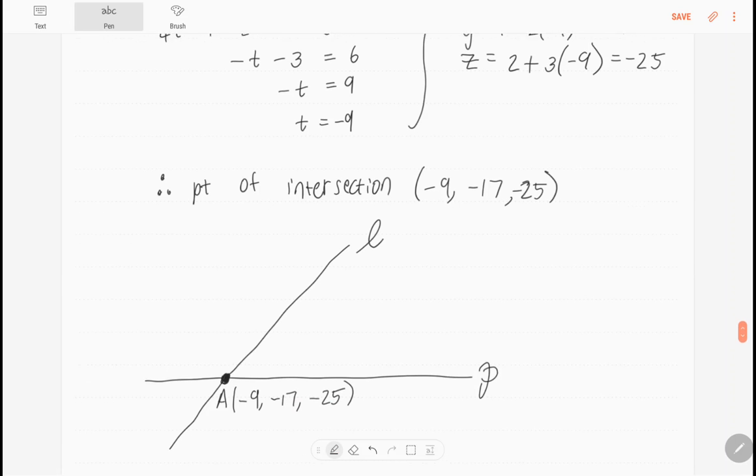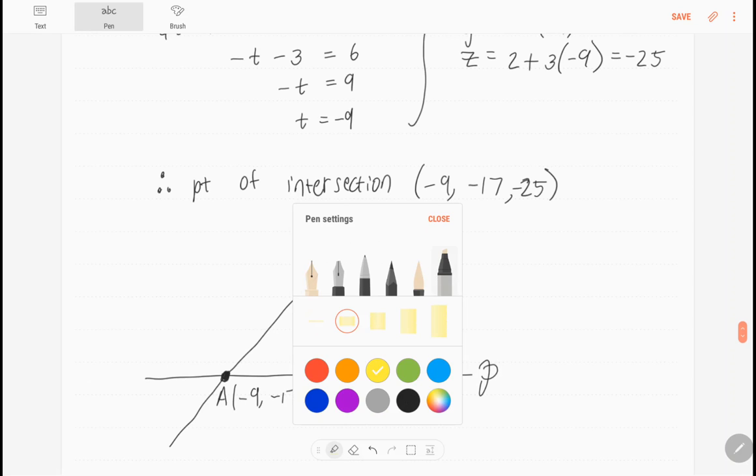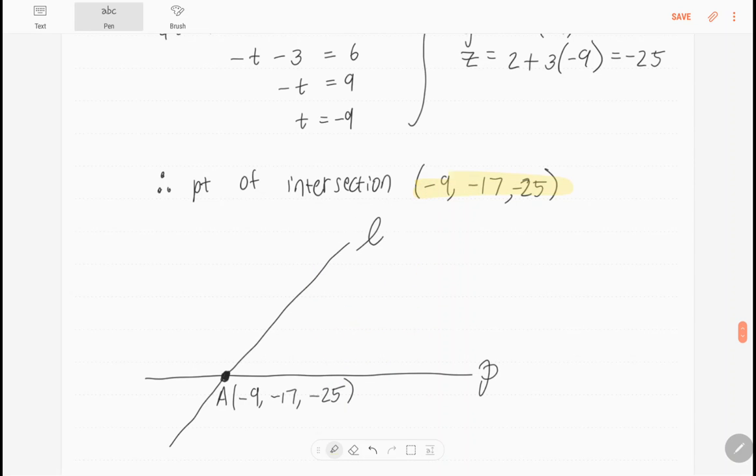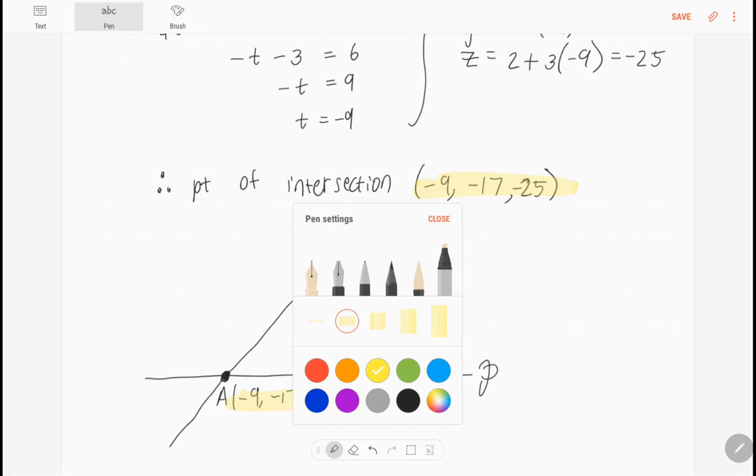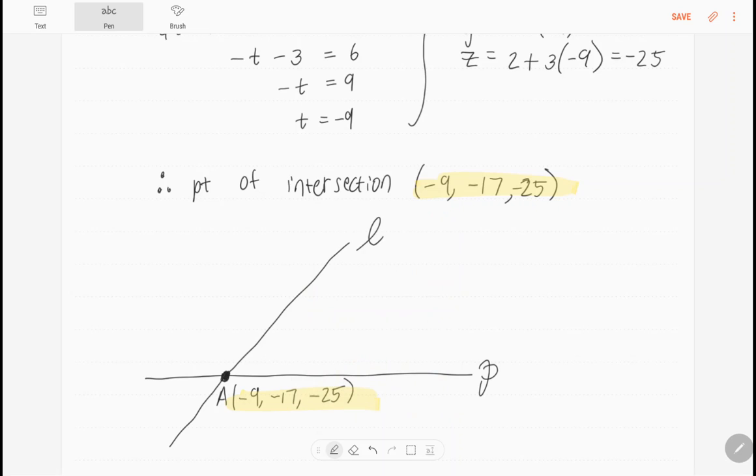That's the coordinates that I worked out when I worked out where they intersect. What I want to do now is work out the angle between this line and its orthogonal projection onto the plane. So in other words, I want to work out this angle over here.